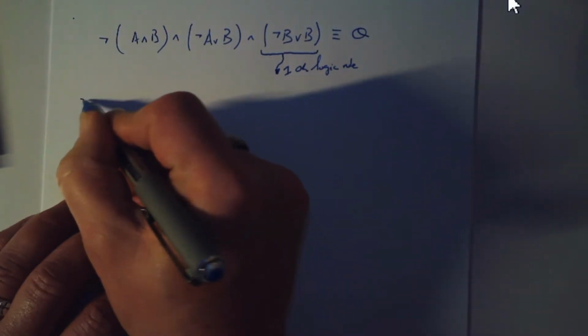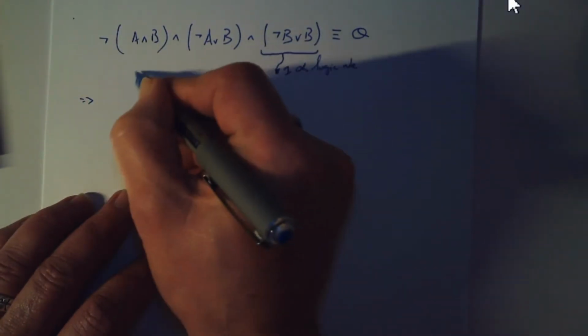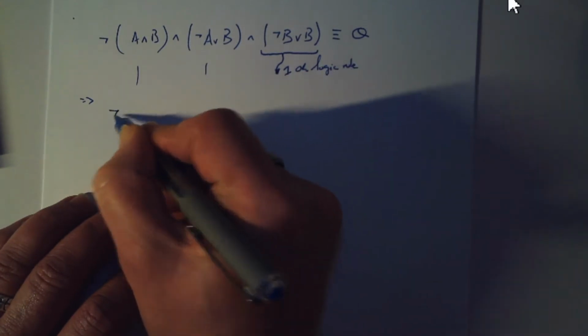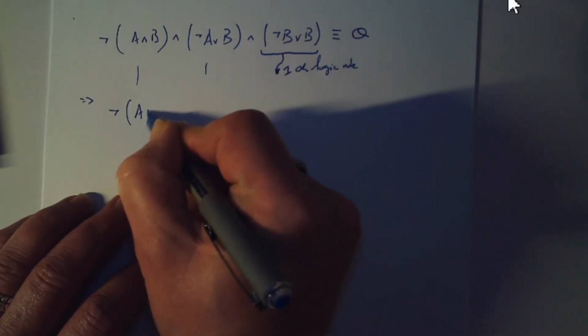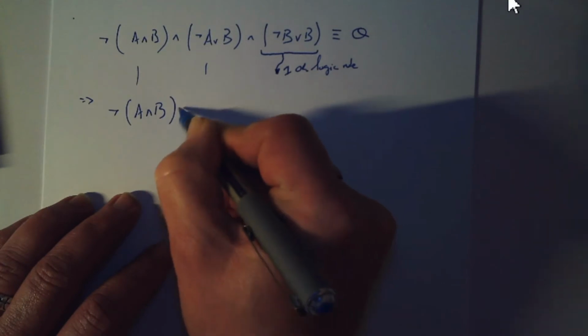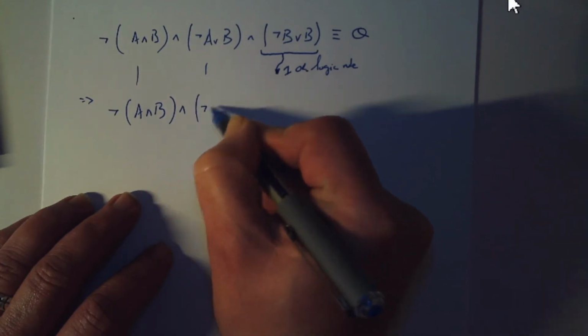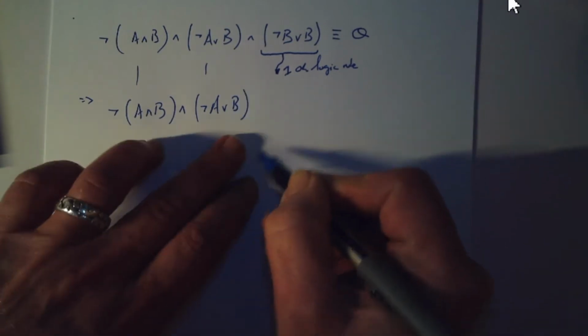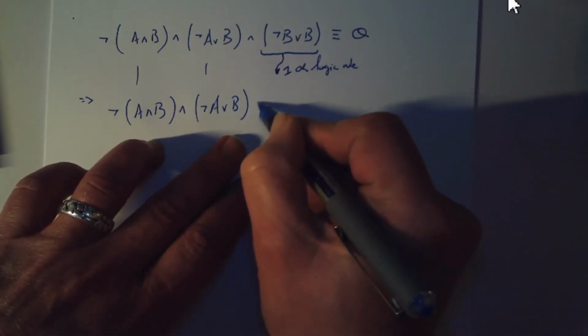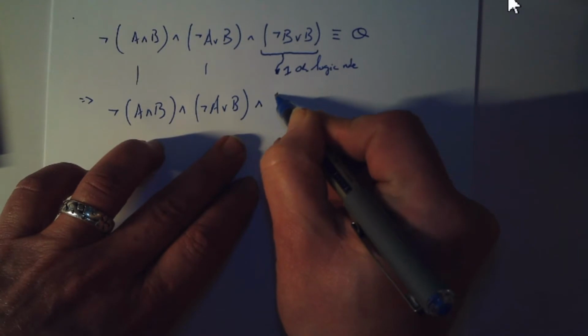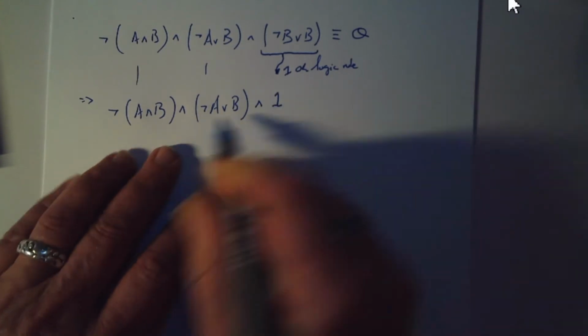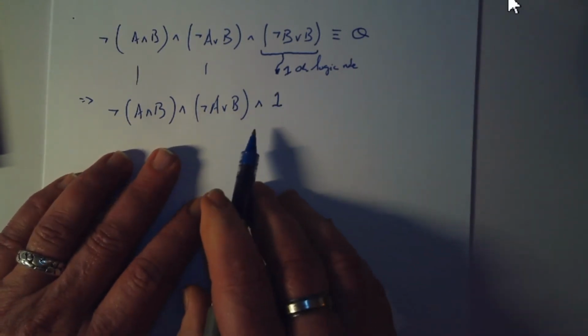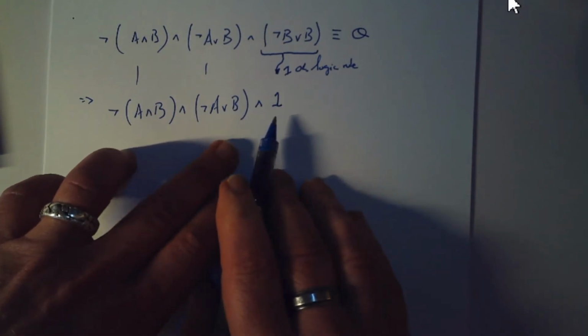So the next step of our working out is going to be to drop these terms down. I'm going to have the same as I had before, negative A or B, and on this occasion we're going to be ANDing it with a 1. So what do we do with this? Well, again, a great opportunity to use our general rules.